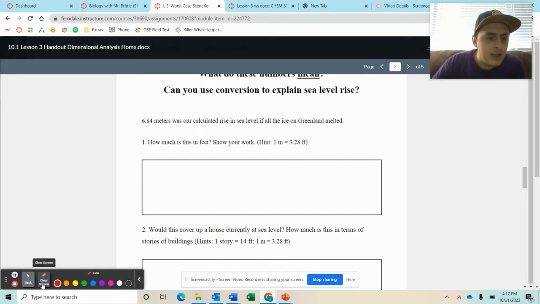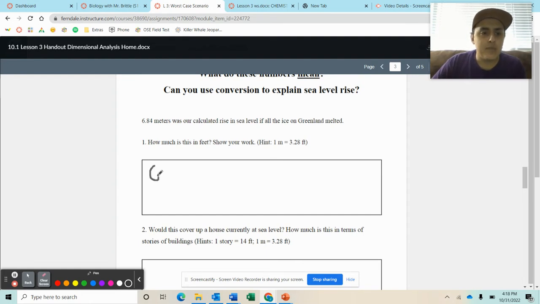And okay, cool. There's a clear screen button here. So it says 6.84 meters was our calculated rise in sea level if all the ice on Greenland melted. How much is this in feet? Show your work. So remember, starting number times conversion factor.